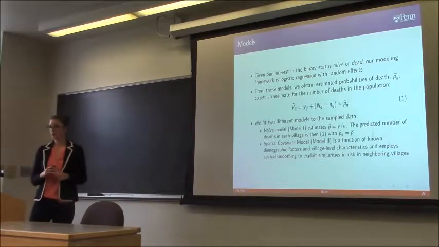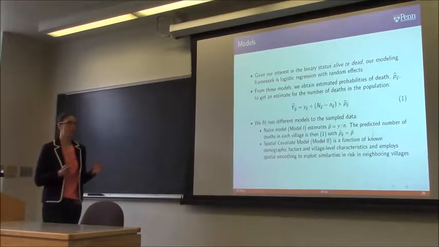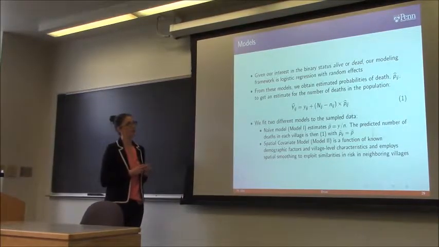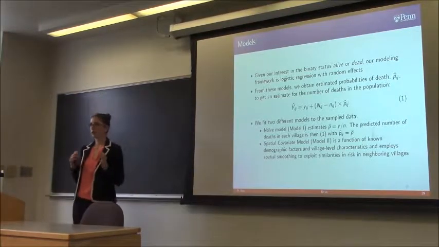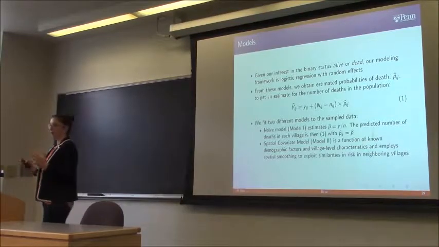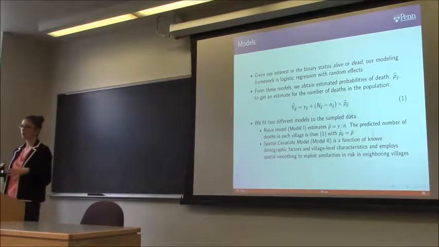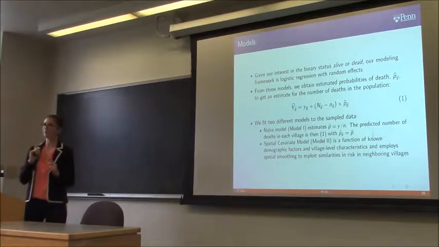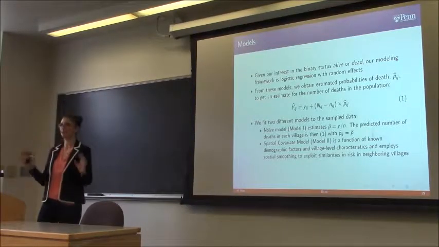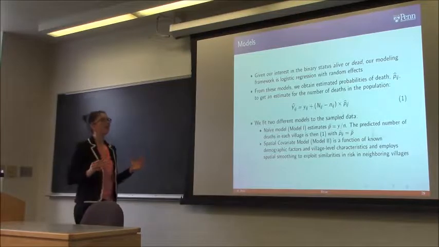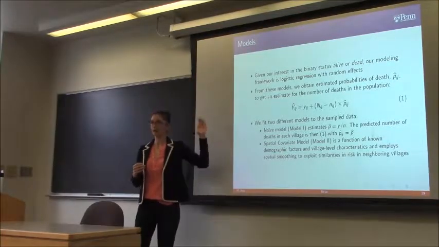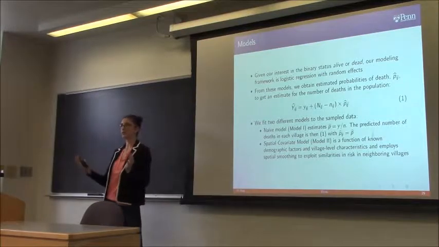Okay, so now we have to do some modeling. So what does that mean exactly? We have a binary outcome, alive or dead, and so that means our modeling framework is a logistic regression with random effects, which I'm assuming from my conversation with Peter earlier today means nothing to you, and that's fine. So basically, all I want to do is look at the relationship between your alive or dead status and covariates of interest.